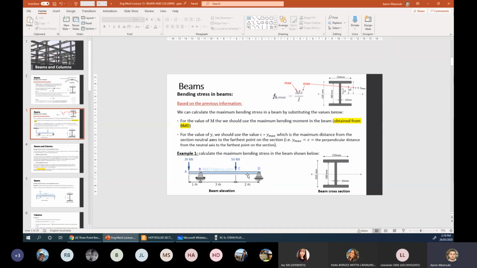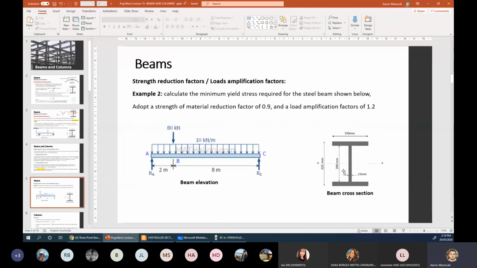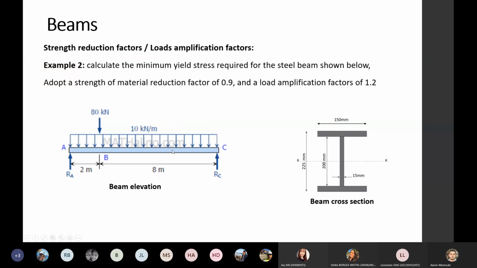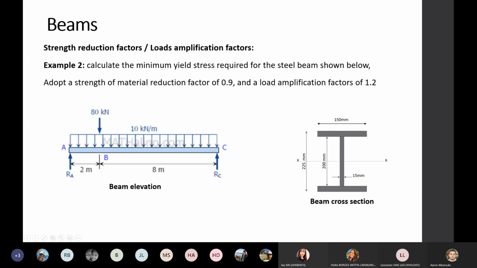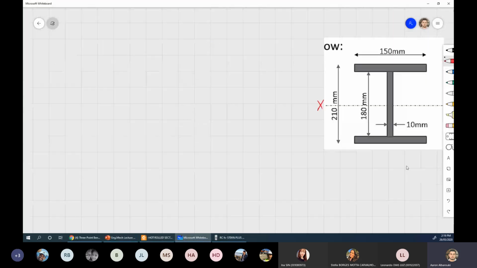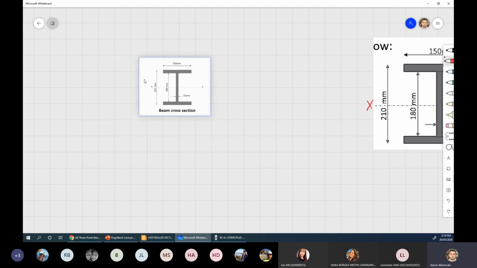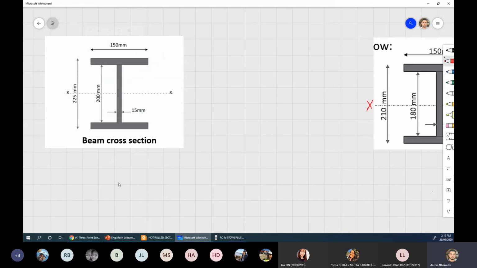Yes, sir. Right then, let's see this shape, for example. Let's take this. Can you please all calculate the moment of inertia for this shape around XX?